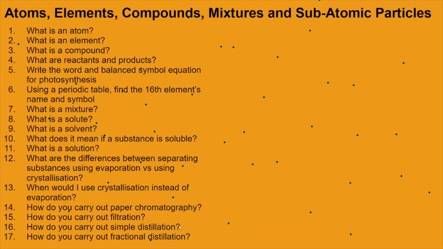Simple distillation is, well, as the name suggests, more simple than fractional distillation. So you simply have two liquids, or a liquid and a solid, in a flask. You bung the top and attach the top of the bung to a condenser, which is simply a tube with cold water around it.